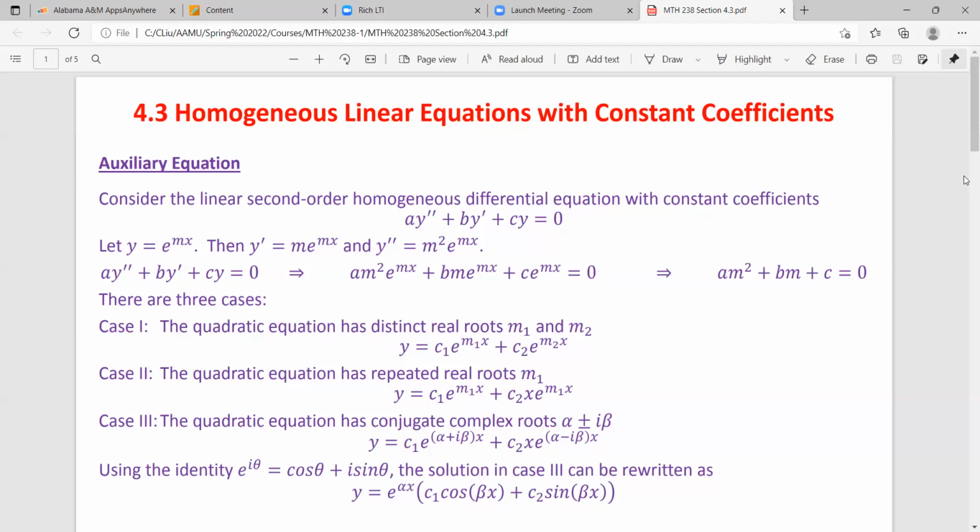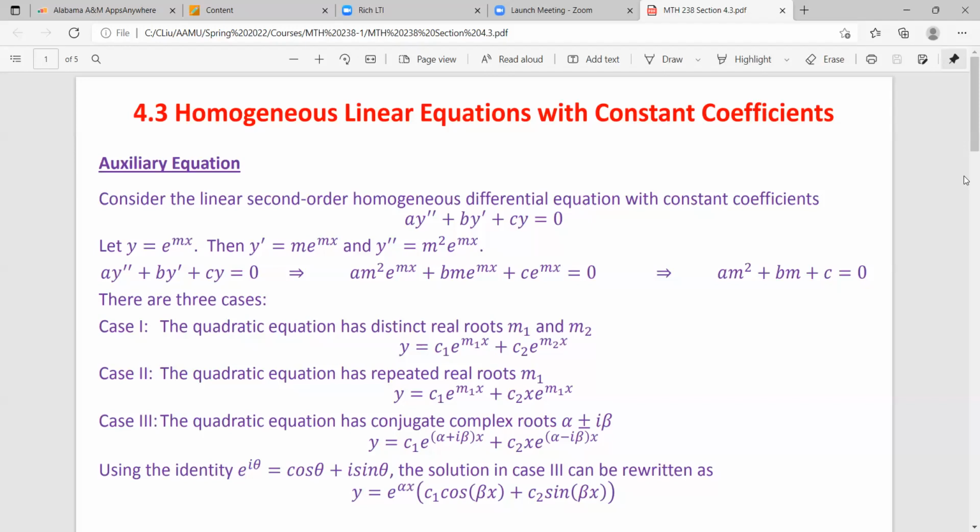And the third case is when we get two complex solutions for m from the quadratic equation, m squared plus bm plus c equal to 0. Those two solutions of m are conjugates, because you just get plus and minus for the imaginary part.